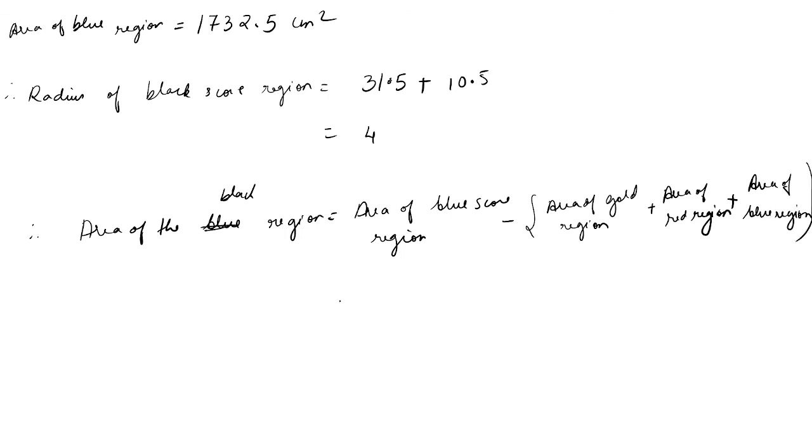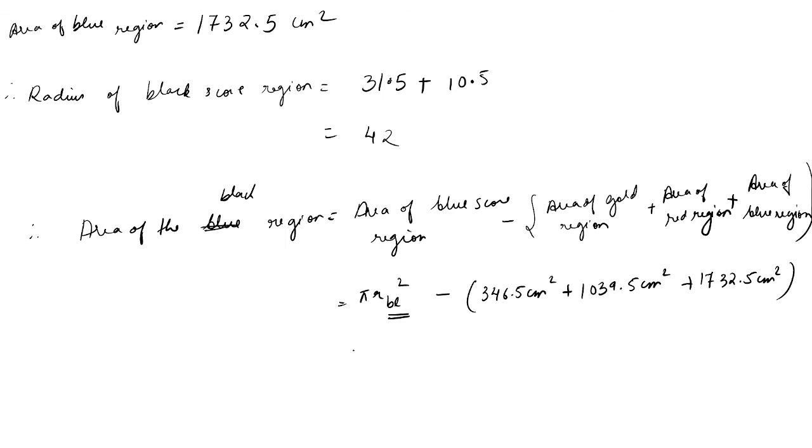So you can write this as, this is 42. The area is pi r bl square. The area of the gold region is 346.5 centimeters square. The area of red region was 1039.5 centimeters square, and the area of blue region is 1732.5 centimeters square. Clear?